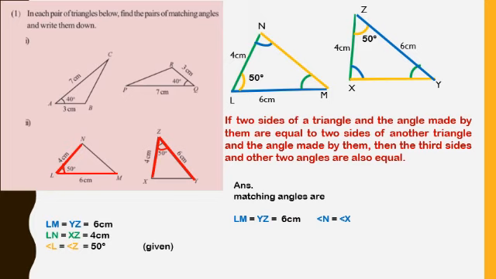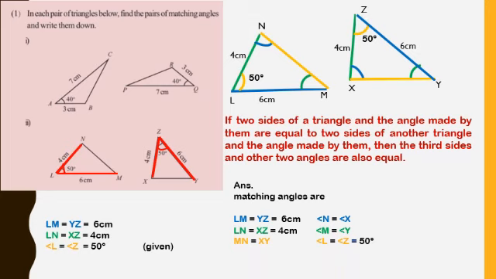Here sides are side LM equal to YZ equal to 6 centimeters and angles opposite to 6 centimeter sides are angle N and angle X. So we can write angle N equal to angle X. The next side is side LN equal to XZ equal to 4 centimeters. So here angles opposite to 4 centimeter sides are angle M and angle Y. So we can write angle M equal to angle Y.